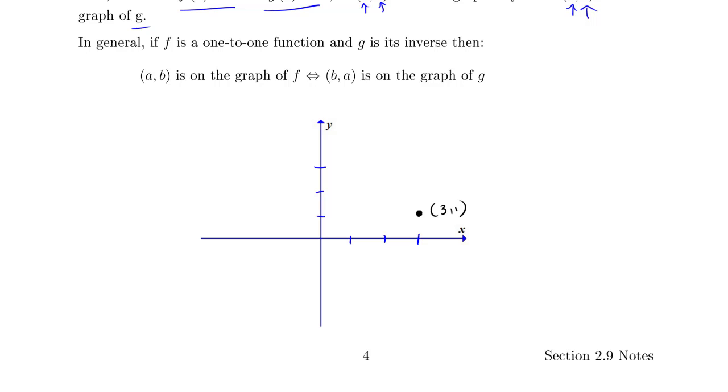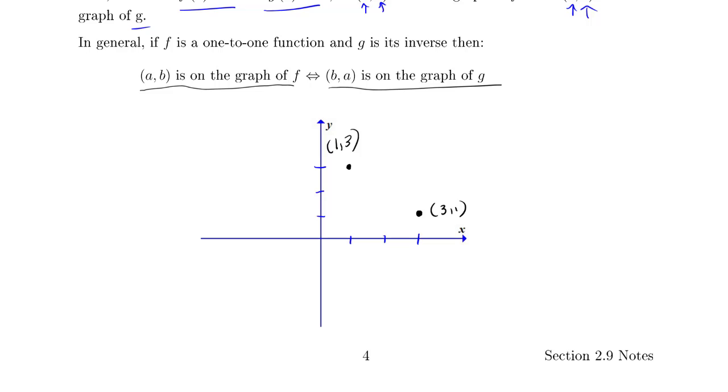Here's (1, 3), the point on g. So if you have f and g and they're inverses, then when the point (a, b) is on the graph of f, the point (b, a) is on the graph of g.